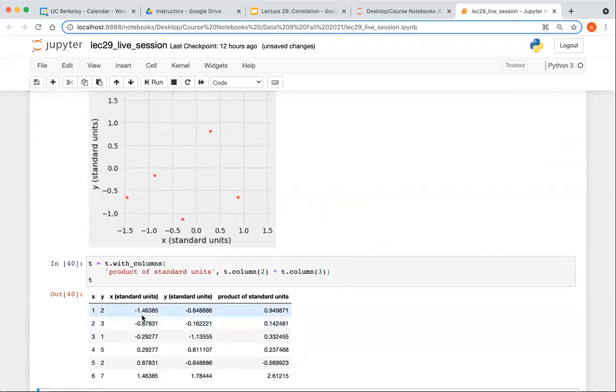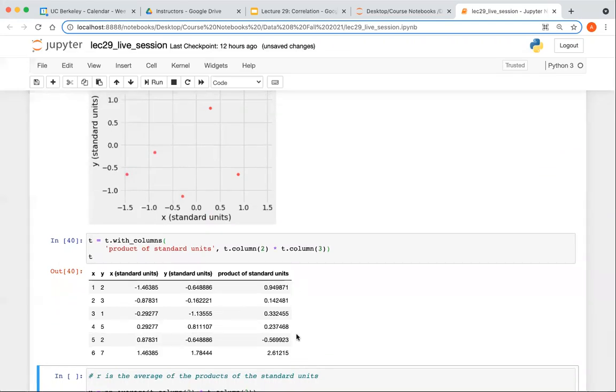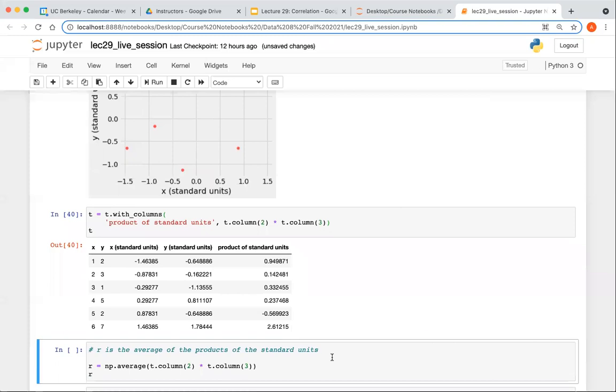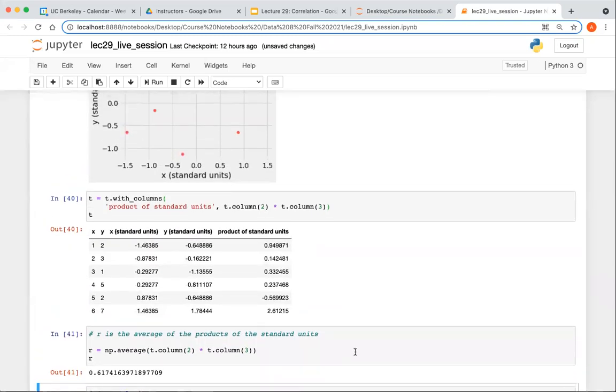So I got -1.46, etc., times -0.64, etc., to get 0.94, and so on. And then I am going to take simply the average of these products. I have this whole bunch of products, and I'm going to take the average of the products. That is, by definition, the correlation. And I'll give you some intuition for these moves, the product in particular.